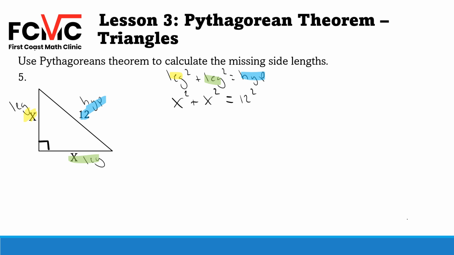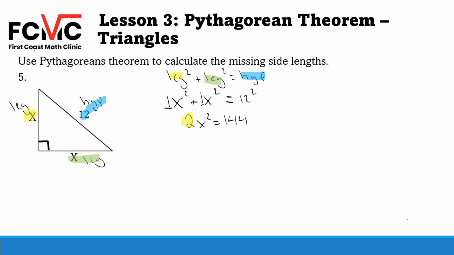So when we simplify this, the coefficient number in front of these x's are 1, right? So 1x squared plus 1x squared is 2x squared, and then 12 squared is 144. So we want to get the x by itself. So first thing I want to remove from this left side is going to be this 2 right here, right?